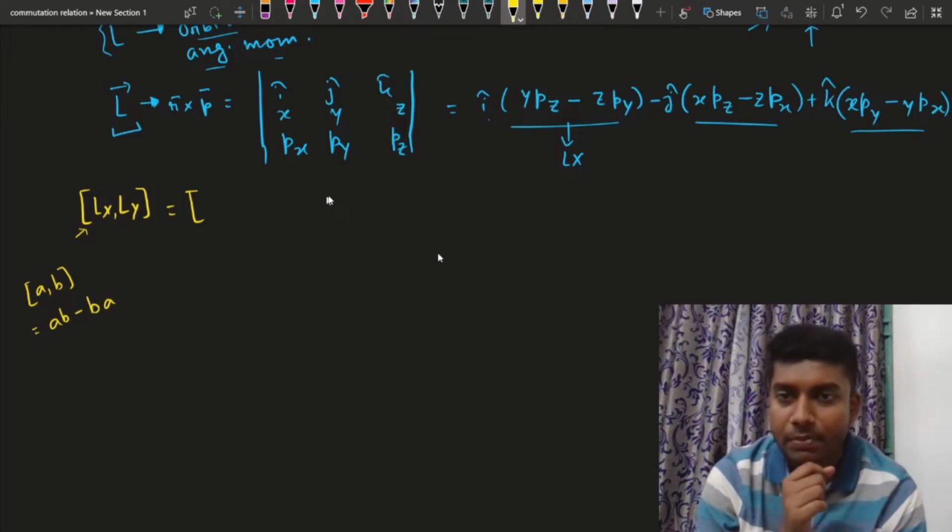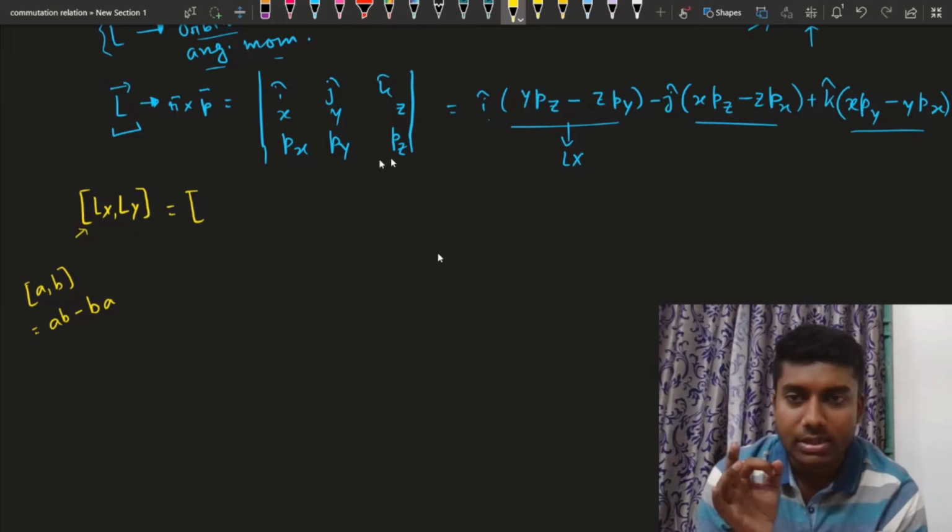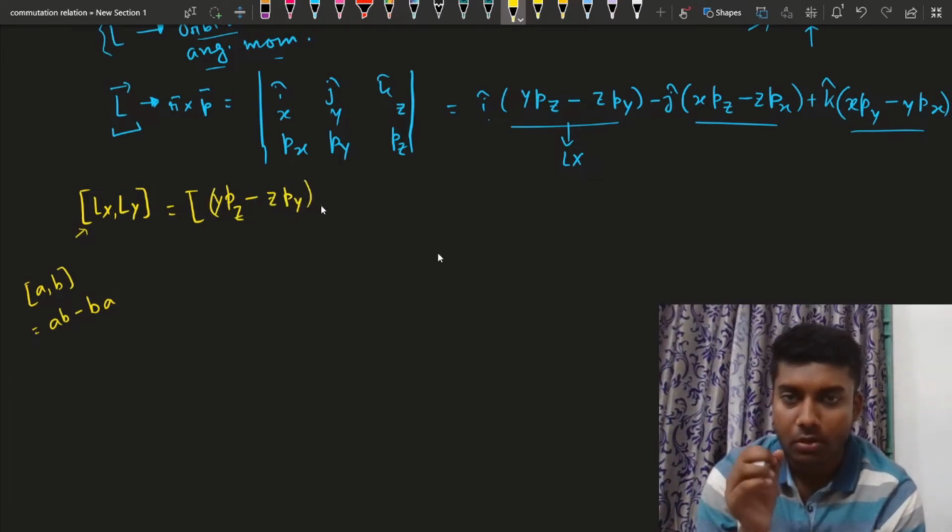Now let us write Lx and Ly. Lx is Y Pz minus Z Py, comma, and Ly is Z Px minus X Pz, taking the minus inside.